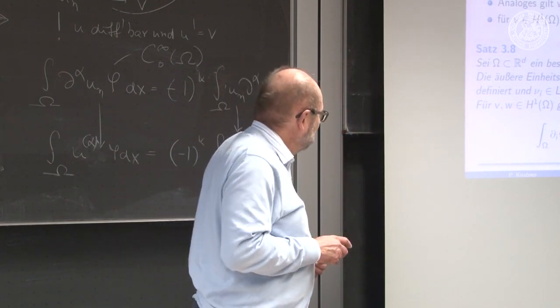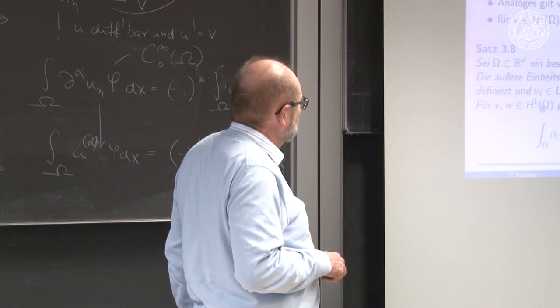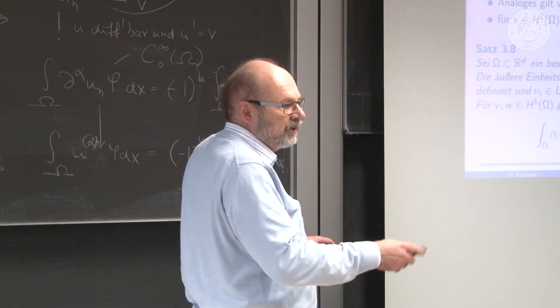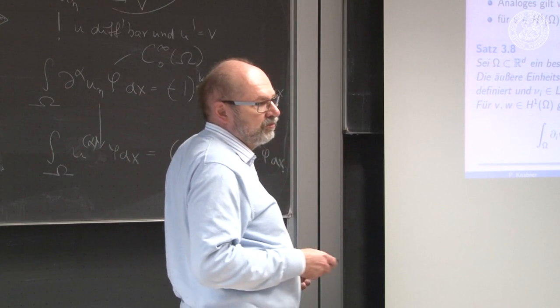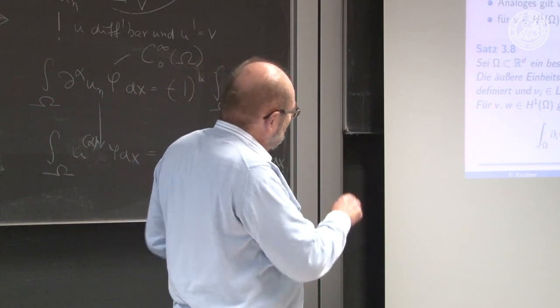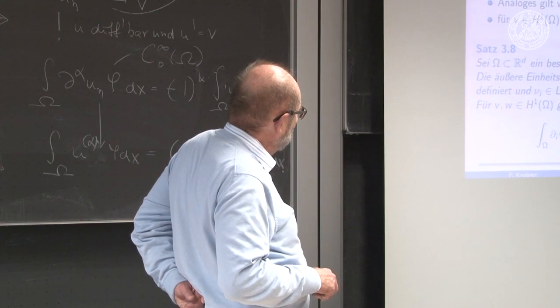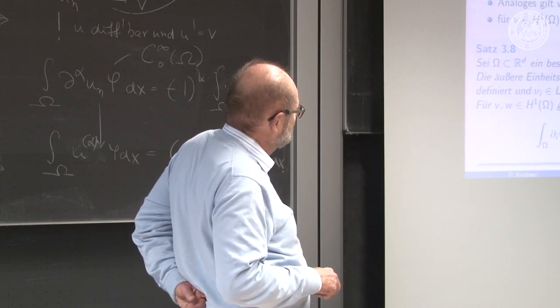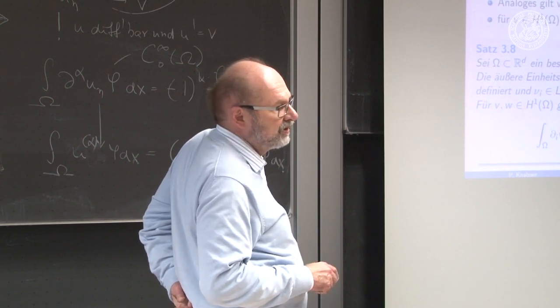Of course, what we have to do, we have to approximate those functions with correspondingly smooth functions, and that can be pretty smooth functions, C infinity on the whole domain, where in any case this formula is valid. So we get this formula everywhere with an n here, and then we have to go to the limit.